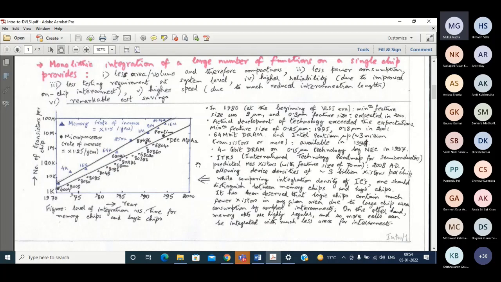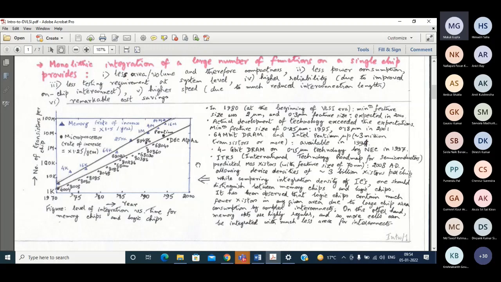Then other features are there, like the depth of the diffusion in the source and drain. But mostly when we talk about feature size, Mead and Conway brought about the concept of lambda-based design, a lambda-based tool. So 2 lambda, the Greek letter lambda, is the minimum size of the transistors in a particular technology. The 2 micrometer means the transistor length would be 2 micrometers.